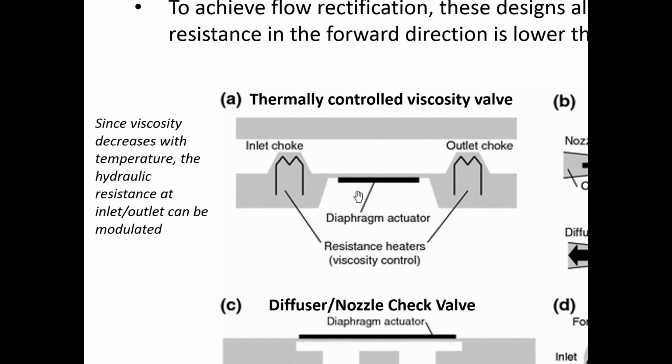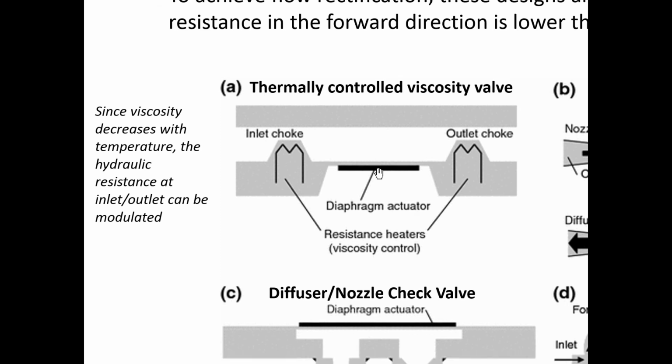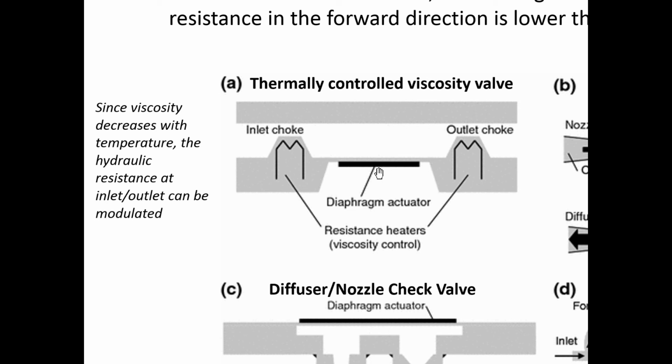Okay, so that's going to be the contraction part of the stroke. The expansion part of the stroke, the diaphragm will go up, expanding the volume. In that case, the inlet choke will have a higher temperature. This will have less fluidic resistance. So the flow rate coming in here is going to be greater than the flow rate coming in here. Right? So as a result, you'll get a net motion of fluid.